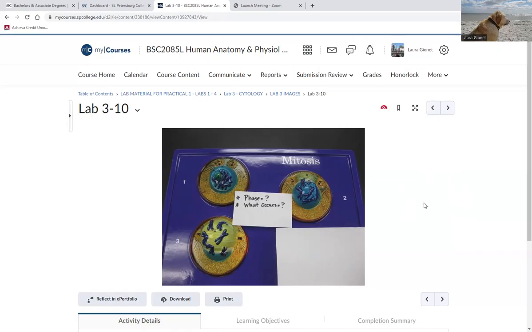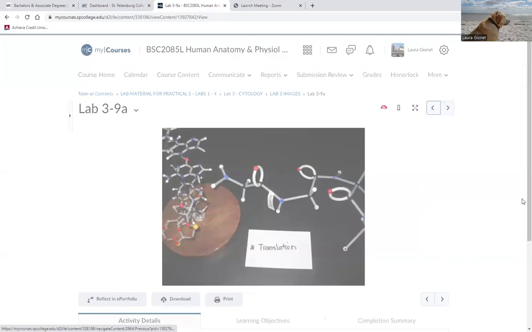I'm not sure why those images weren't included, but let me go back a little bit to make sure that you understand what I'm talking about.